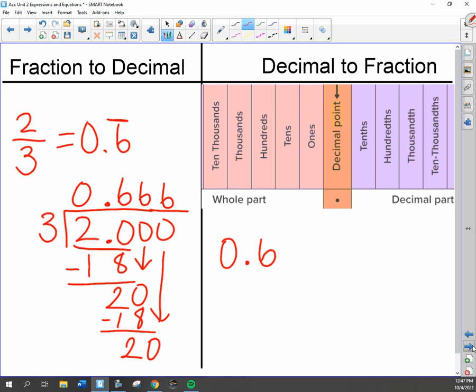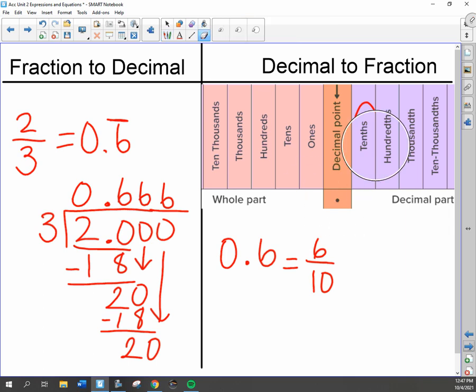Well, if I read this correctly, I have 0 whole numbers and 6. And notice the 6 is in the tenths place. So I have 6/10. There is your fraction form. 0.6 is the same thing as 6/10.